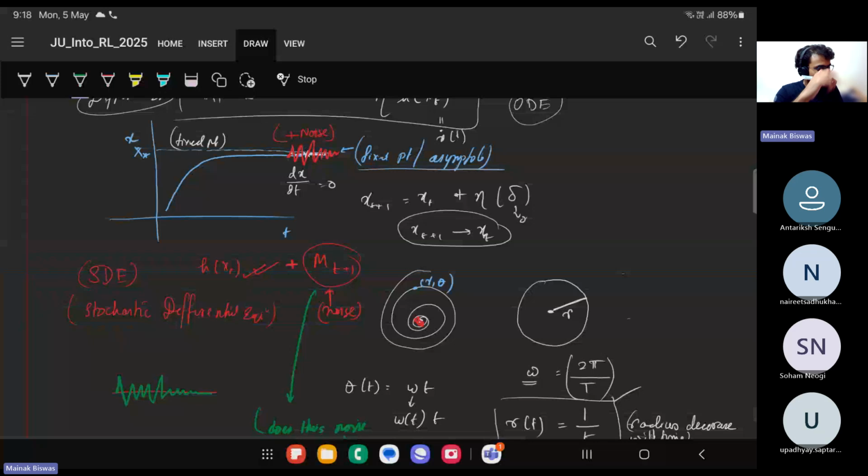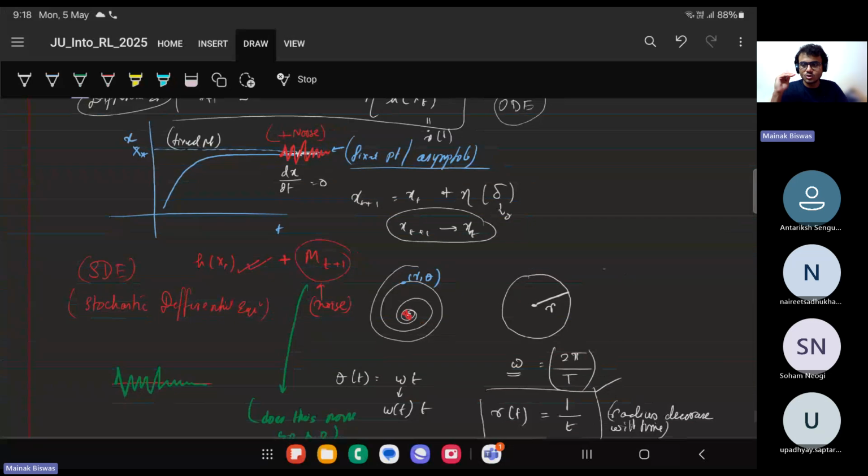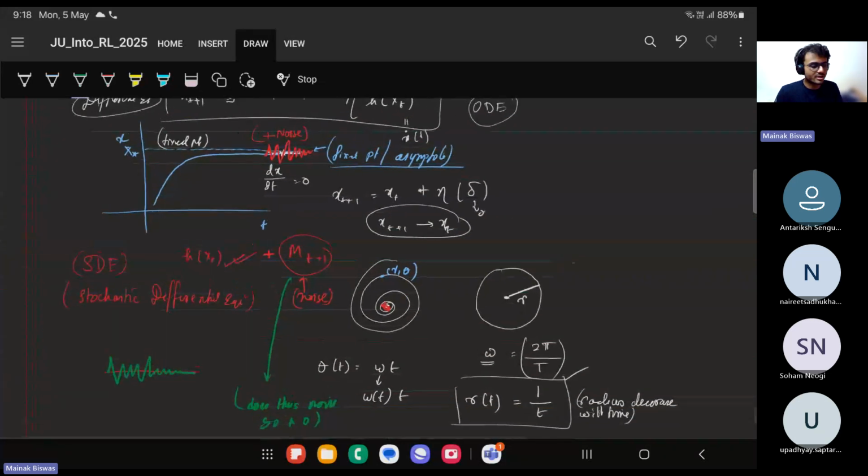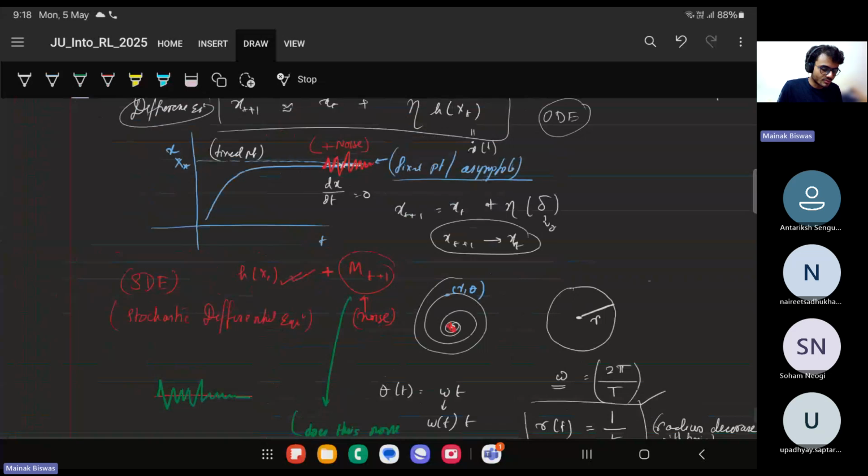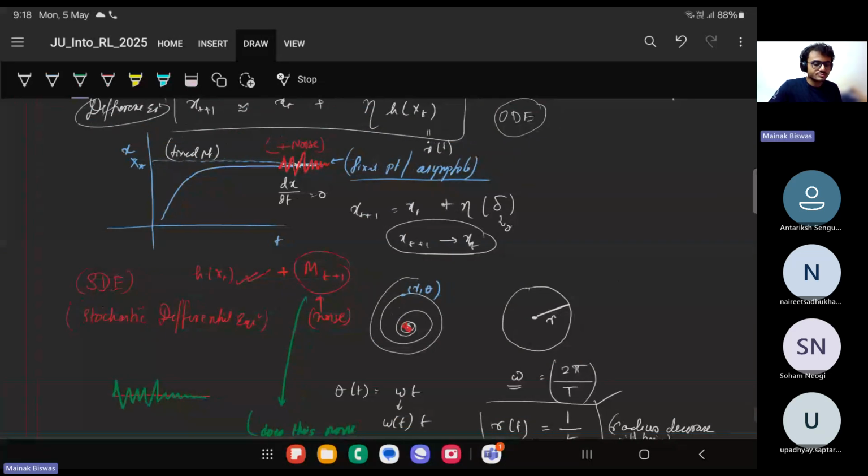But are you able to appreciate what is happening over here? You are going to converge to an asymptote, but when you converge, you will have a noise term there. So that is going to make things difficult for convergence. Rest of it is fine. Yeah, it's like introducing a damping.